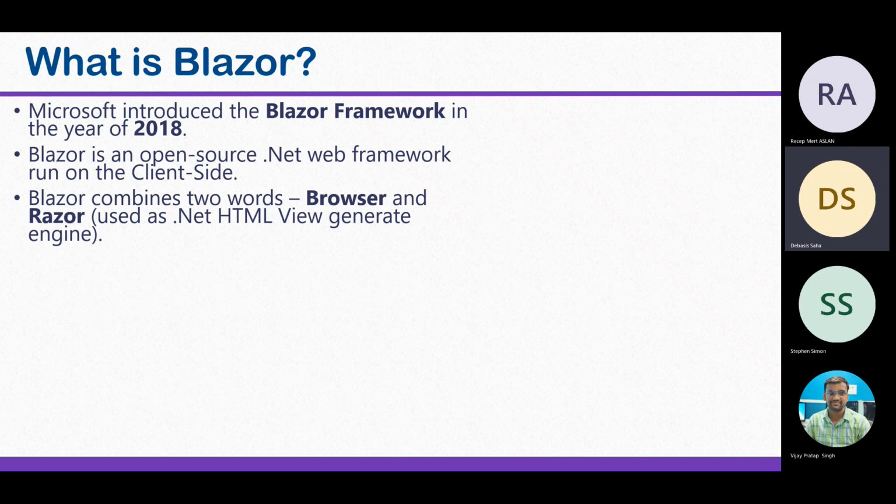But one of the major benefits of Blazor is that it contains both parts. When we develop a web application with a client side framework, it contains only the client side.